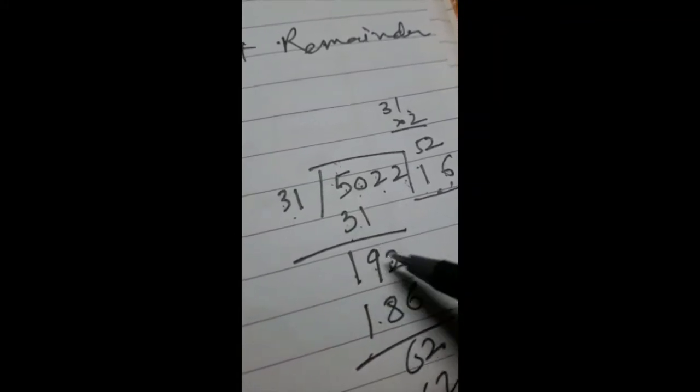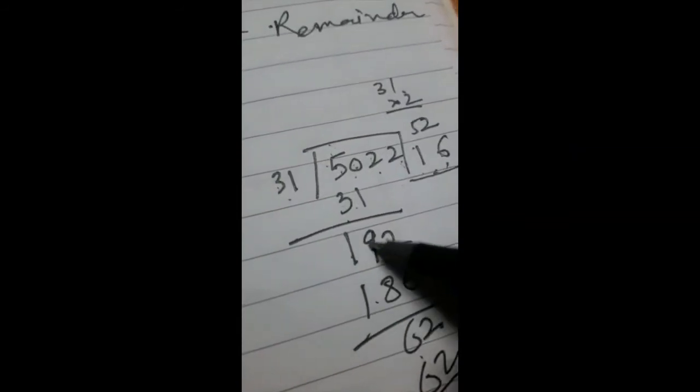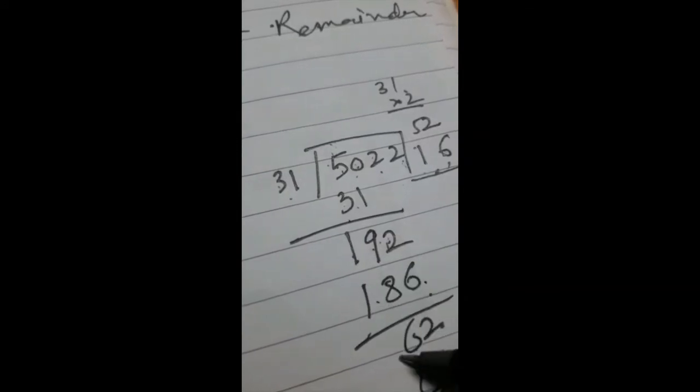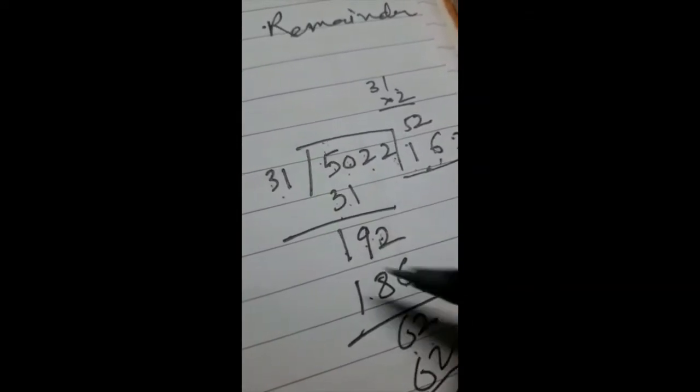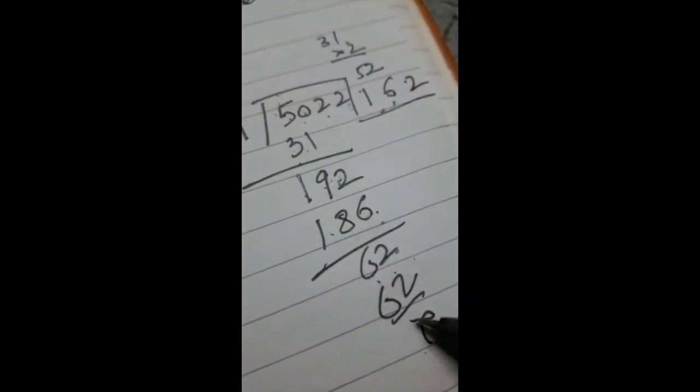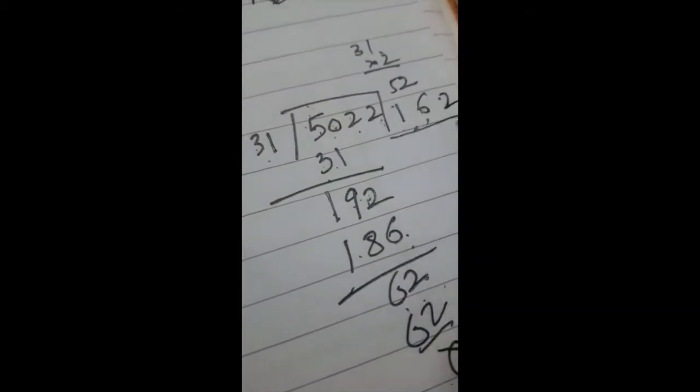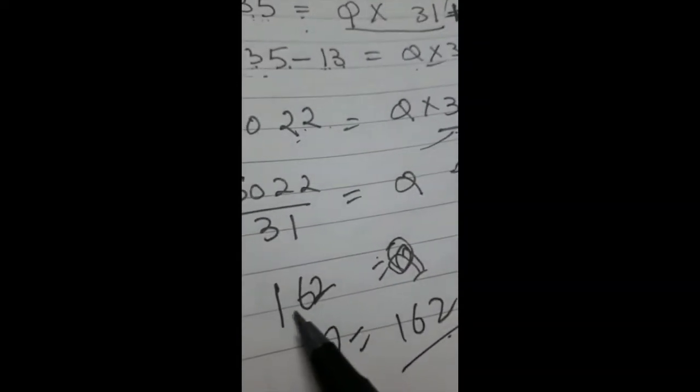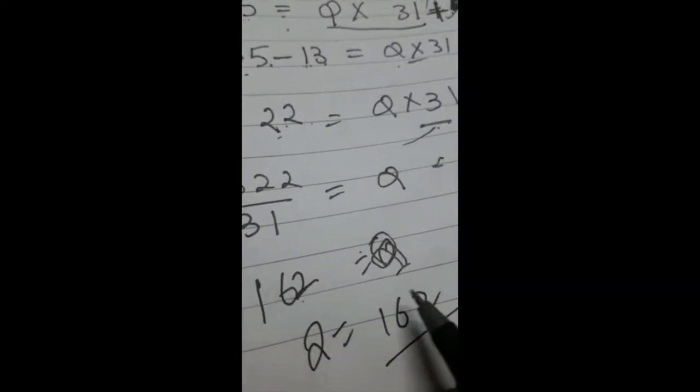Then minus from this number, this will be 6. 12 minus 6 is 6. Here is 8. 8 is 0 and 1. Then we put down the 2 again, and 31 2s are 62. This is totally divided. That means our quotient is 162, the quotient of this question.